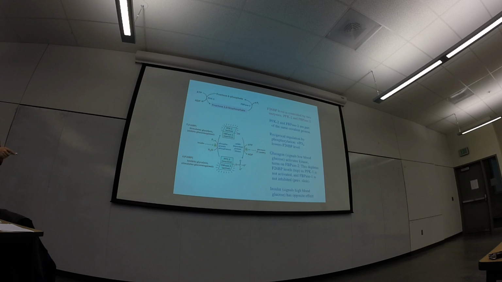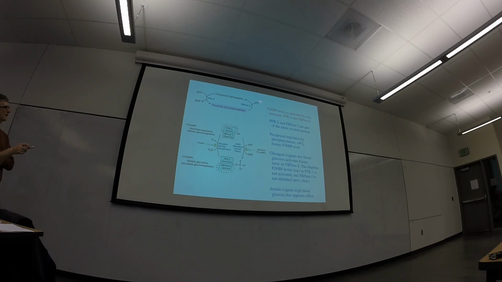Right? And then thinking about it the other way, if this is phosphorylated, then the FBPase2 enzyme is active. And what that enzyme does is it destroys this. So if you don't have this around, then you could ask, well, what's inhibited and what's active then?